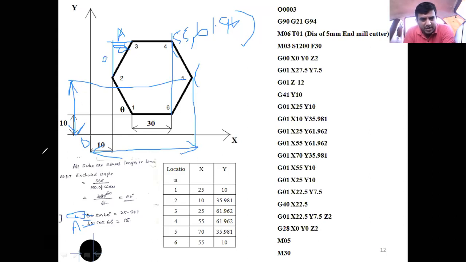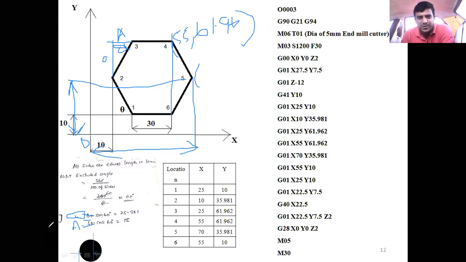Sir, we have 10 plus 15 plus 30 plus 15, totally it is 70. Yes, the x value is 70.